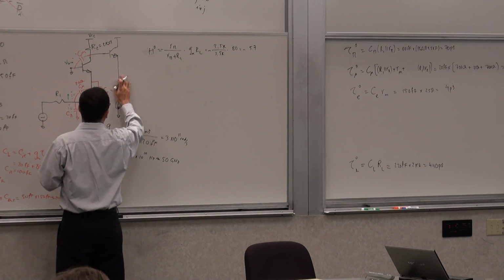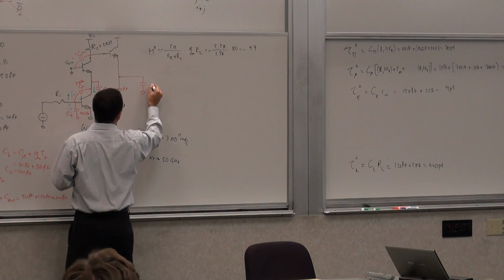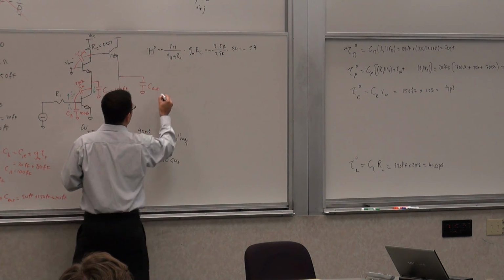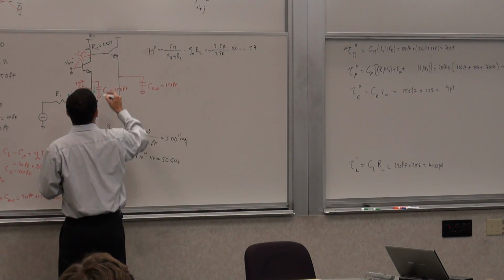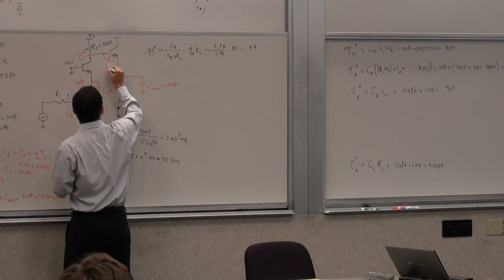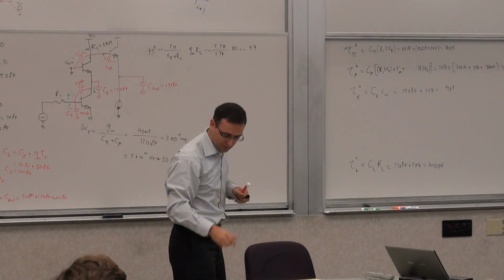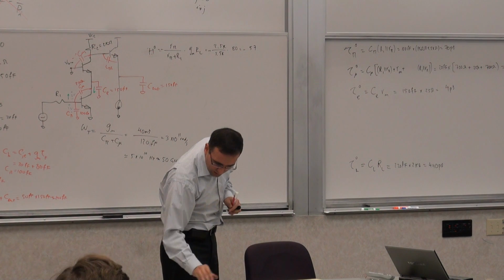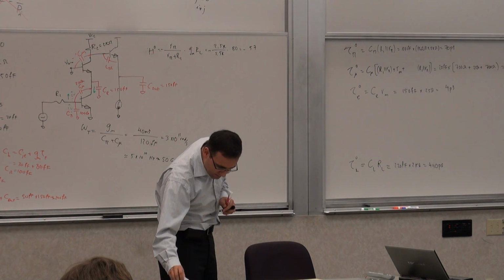And then I have my load capacitor. So C out is sitting here, which is 150 femtofarad. Then I have a C pi 2. They call it a different name. I want to keep my indices consistent with your handouts.